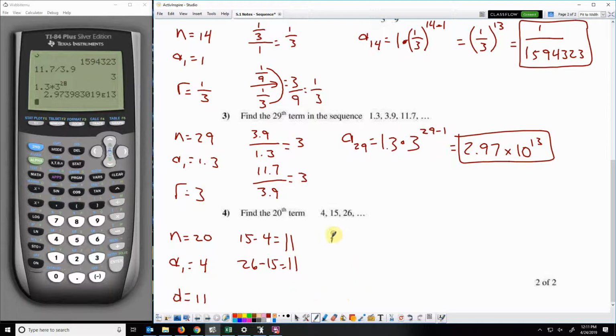Okay, so a sub 20 equals a1, so that's 4, plus the common difference, 11, times n minus 1, so that's 20 minus 1. So that's 4 plus 11 times 19. Which really just means we're starting with 4 and we're adding the common difference 19 more times to get to the 20th term. And we get 213.